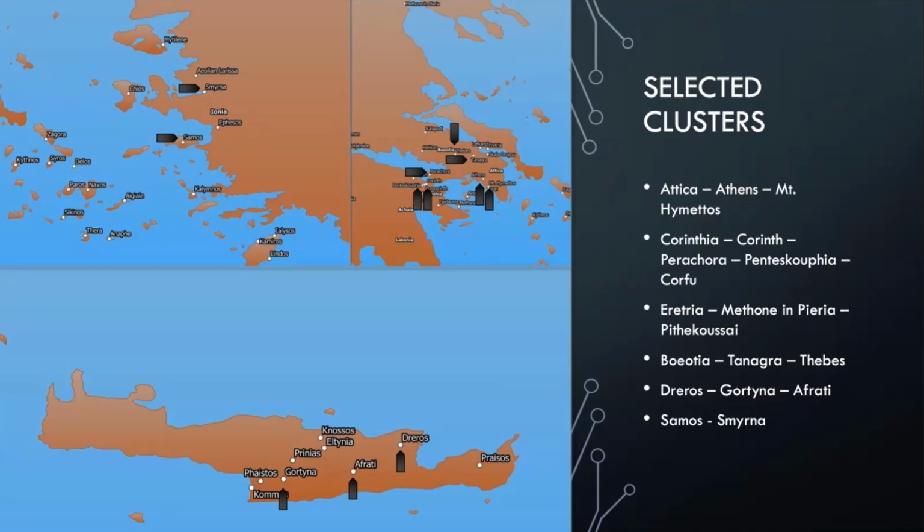There is also a cluster in Boeotia that links the region to Tanagra and Thebes, and another group is found around some Cretan sites like Treros, Cortina, and Patrati. And finally, the Samos and Sperna pair also comes as no surprise, since these are both Ionian sites in Asia Minor.